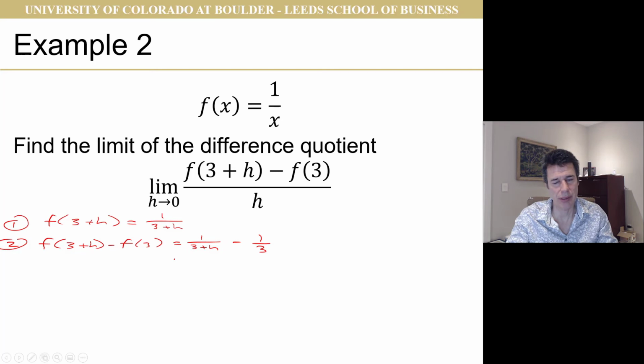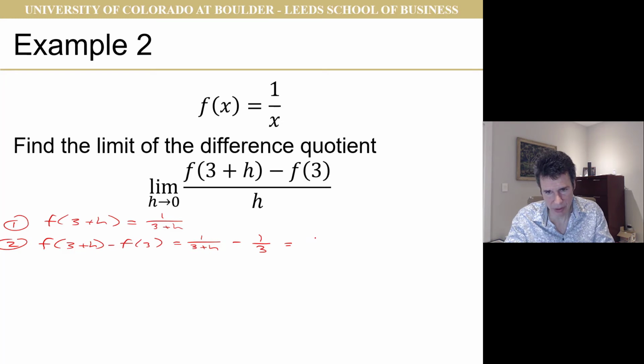And now we're a little bit stuck here, except that when we have the difference of two fractions, what we normally do is find a common denominator and then take the difference. So we're going to go ahead and do that. So this first fraction, we need a 3 in the denominator.